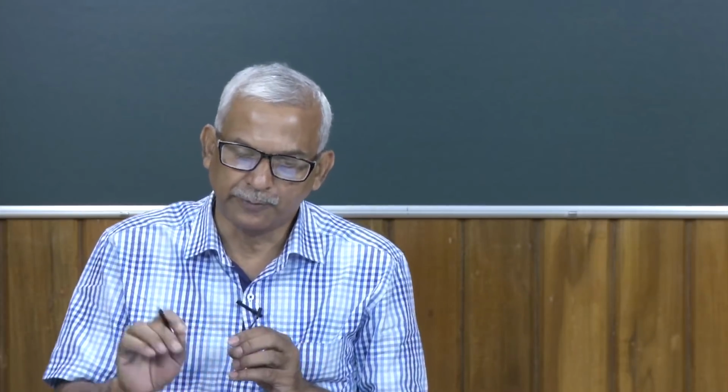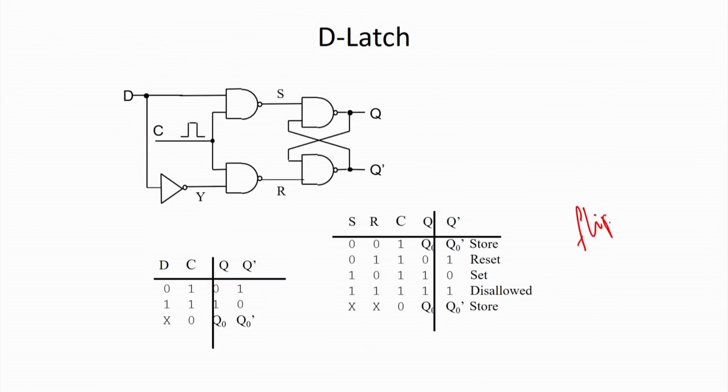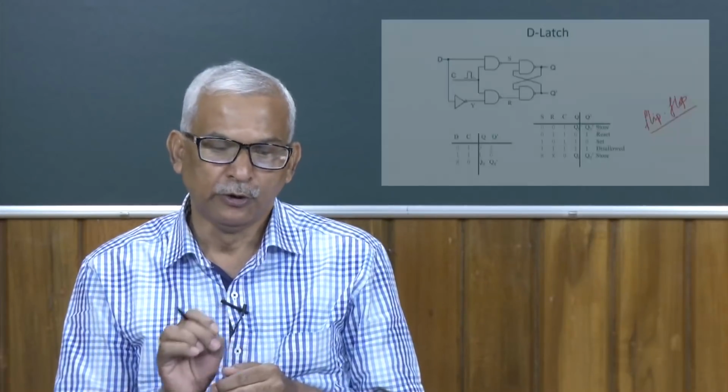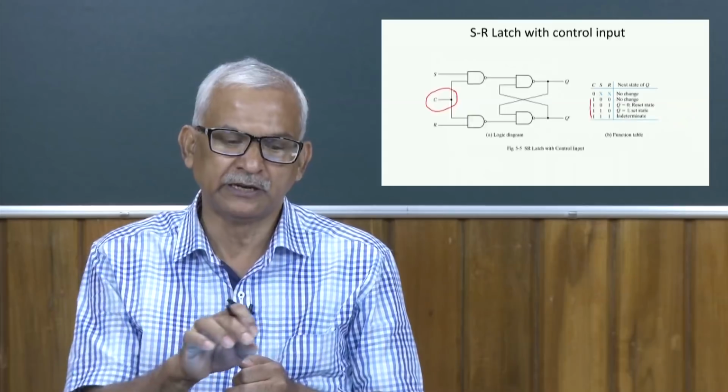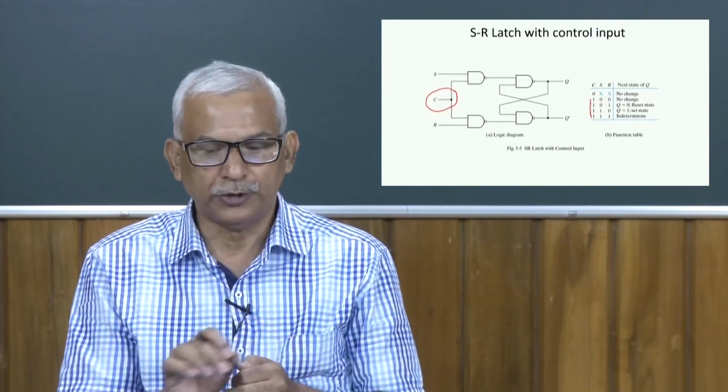When we talk about a clock, we use the term flip flop also. When we talk about a latch, the control clock signal is not there, but when it is clocked, we say these are flip flops also. We can construct those flip flops with the help of this basic SR latch with control input.